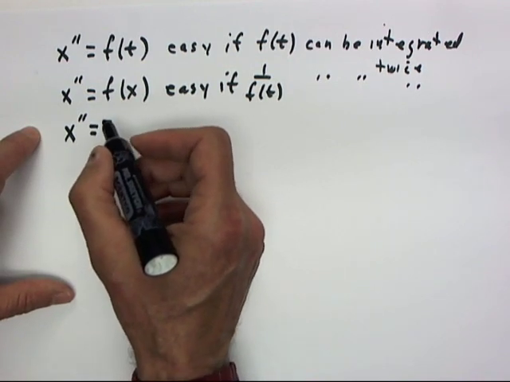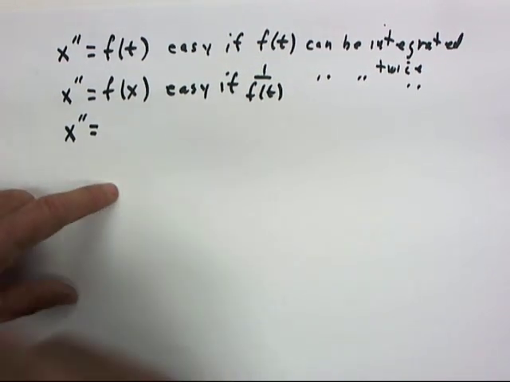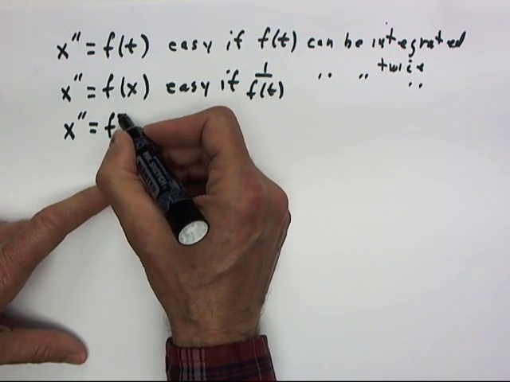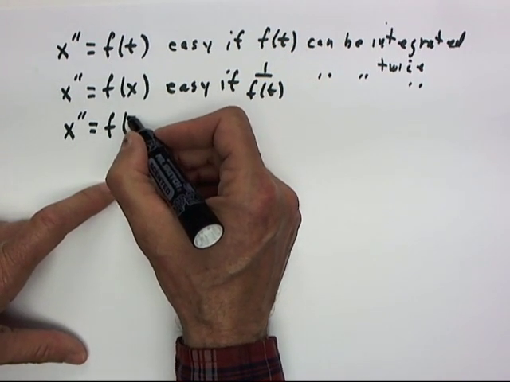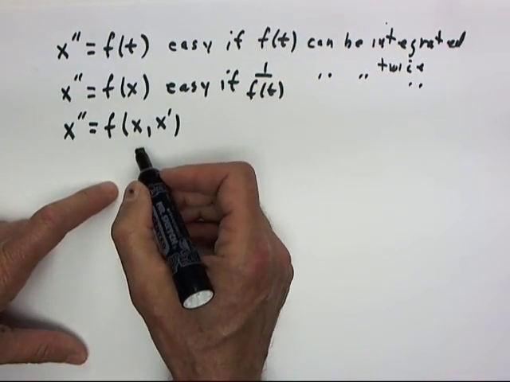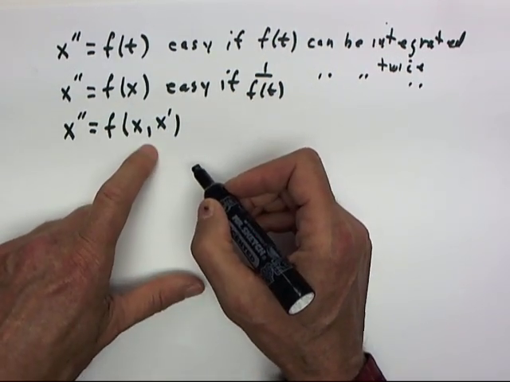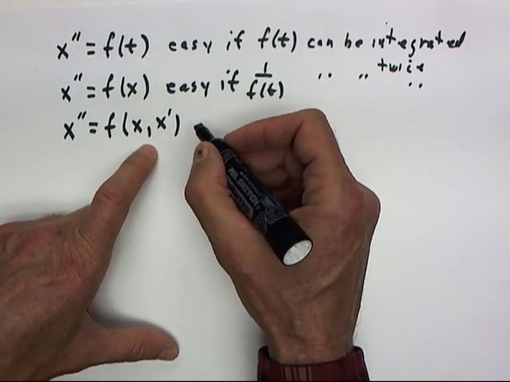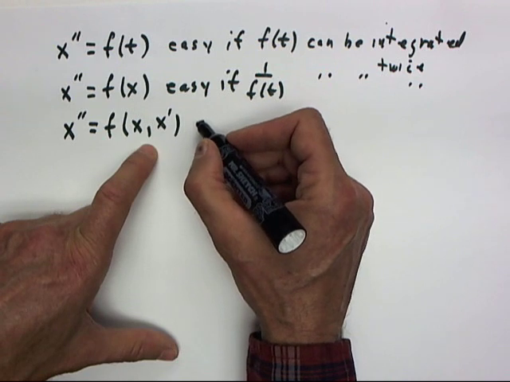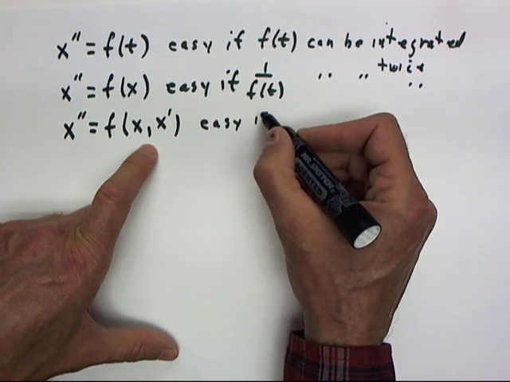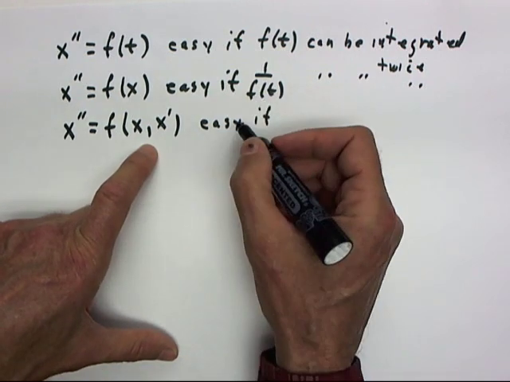Now the form x double prime equals f of, let's say, x prime, where t is not explicitly involved, and we've seen that with some of the pendulum examples. So this can be easy. I say easy.